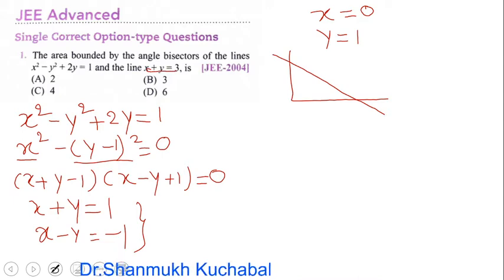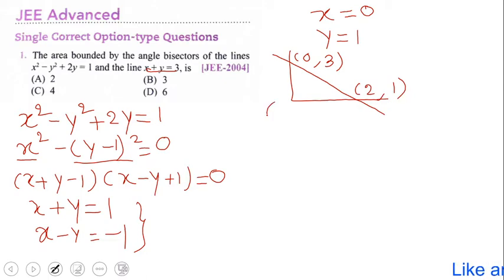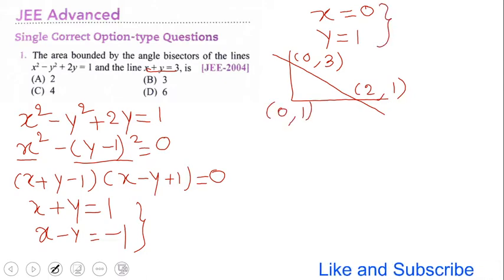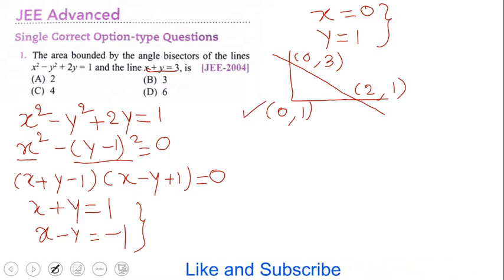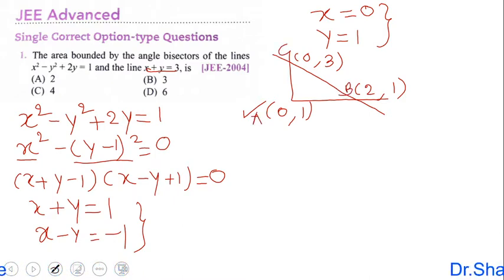Like that we get the coordinates 0 comma 3, next 2 comma 1, next 0 comma 1. So 0 comma 1 we have used. Put x as 0, then y we get as 3. Like that we have 3 points over here, so I name these as A, B and C.